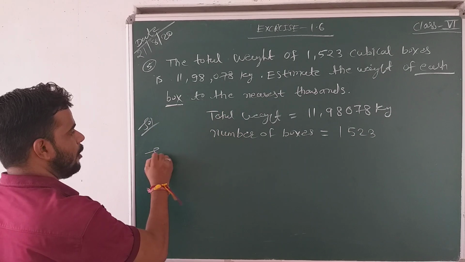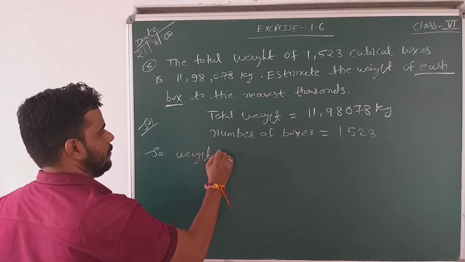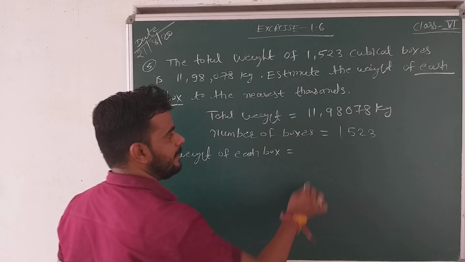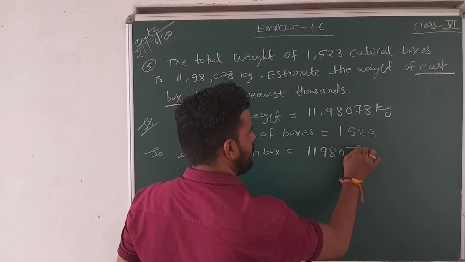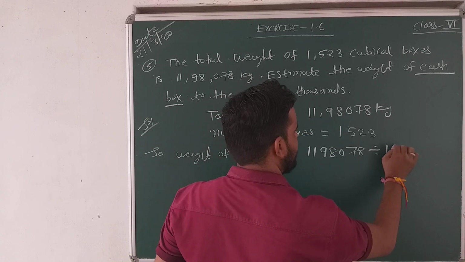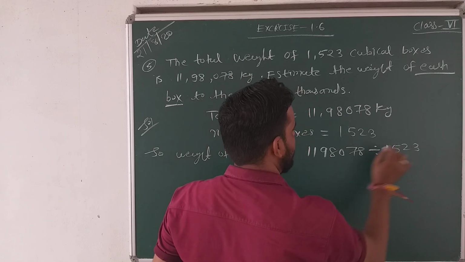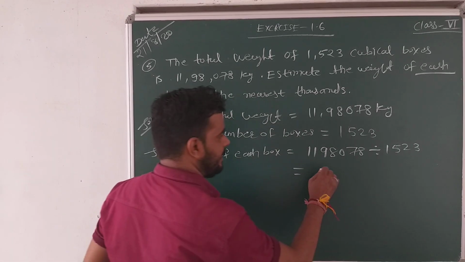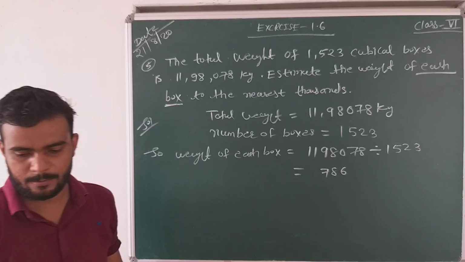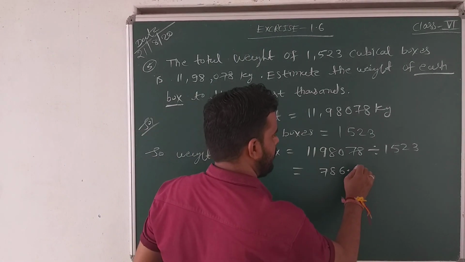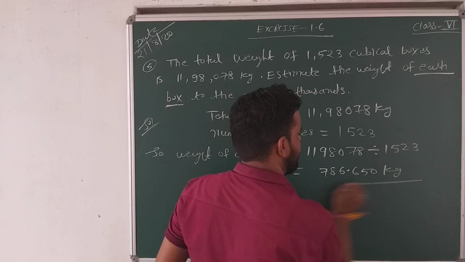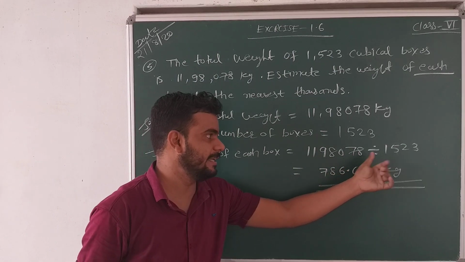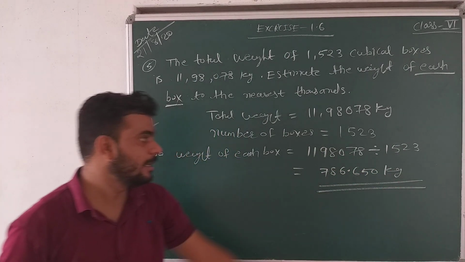So for the weight of each box, we directly divide 11,98,078 by 1,523. तो जब आप इसमें डिवाइड दोगे, you get the answer approximately 786.650 kg. You got this answer when you divide 11,98,078 kg by 1,523. Then you got the weight of each box.